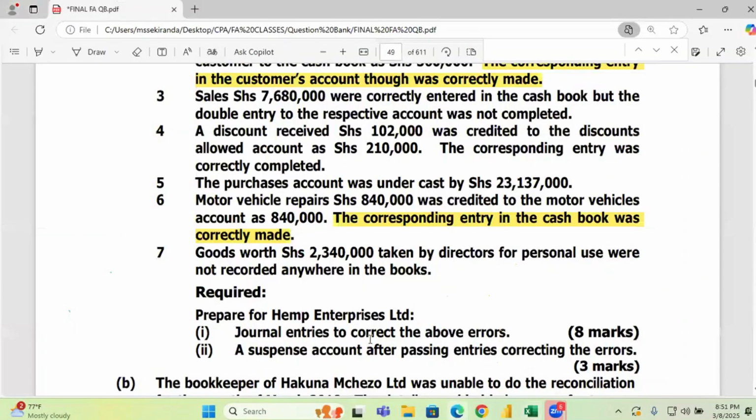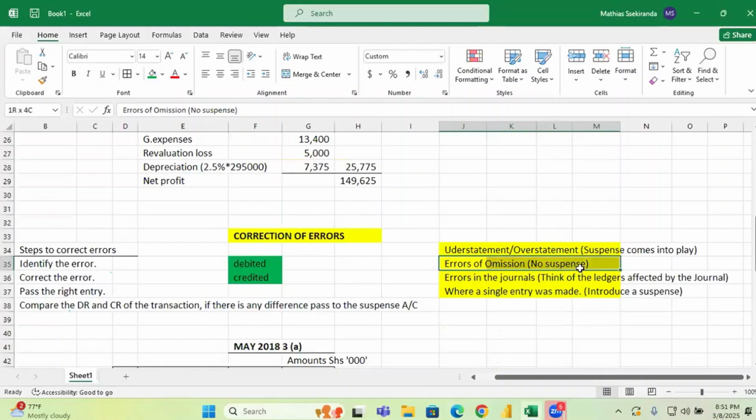Note number 7, which is our last note. Goods worth 2,340,000 taken by directors for personal use were not recorded anywhere in the books. So this is an error of omission. I told you errors of omission don't introduce a suspense, but rather pass the entry the way we are supposed to pass it in the first place. Okay?